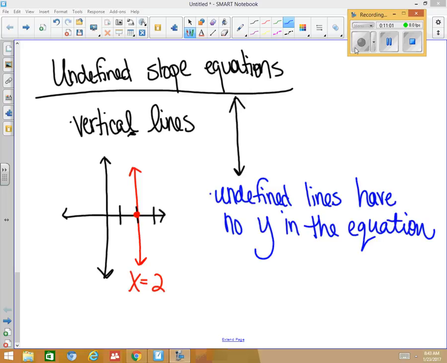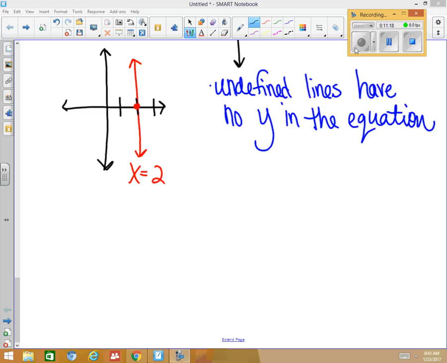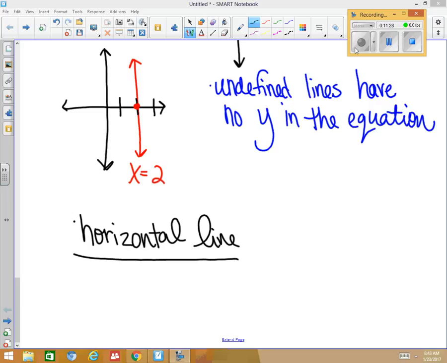So, if undefined lines have no y in the equation, what is the opposite of a vertical line? The horizontal line.